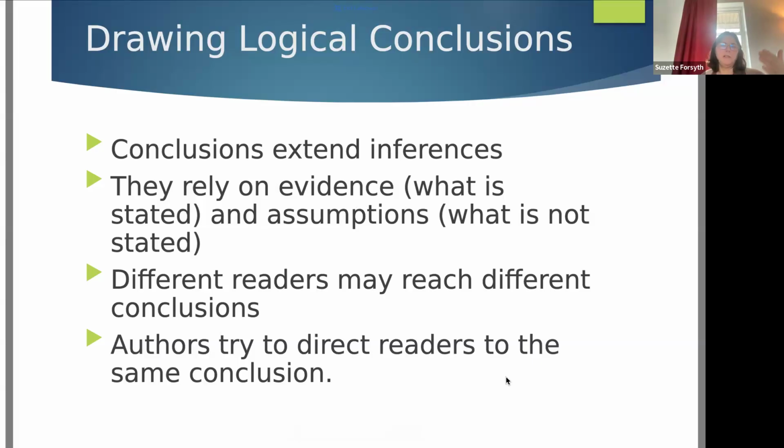If you make sure that you're looking at it in a logical way and not just making wild guesses or saying, oh, well, this happened once. Well, maybe that's an outlier. Yeah, that might have happened once, but what is more typical of what might be the conclusion of whatever was going on in the text? So it's a little bit different than just making an educated guess.